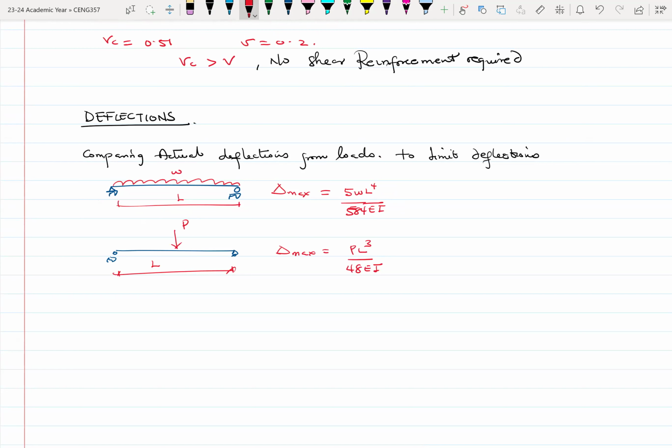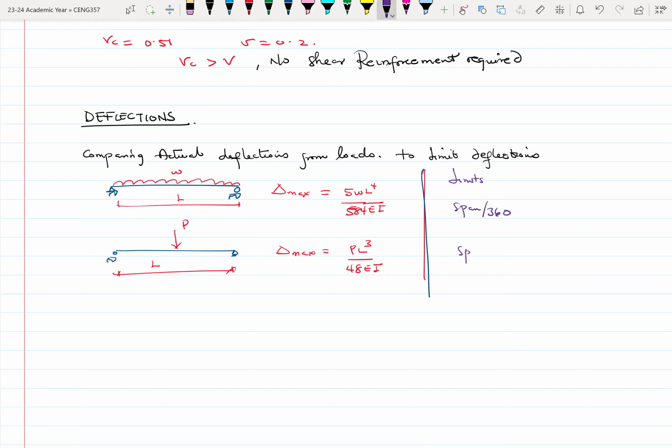All right. So normally you compare these deflections to what the limiting is. So the code would have some limits, right? The code will have some limits, and some examples of the limits could be maybe span over 360, depending on what materials your ceiling or your floor might be made up of.